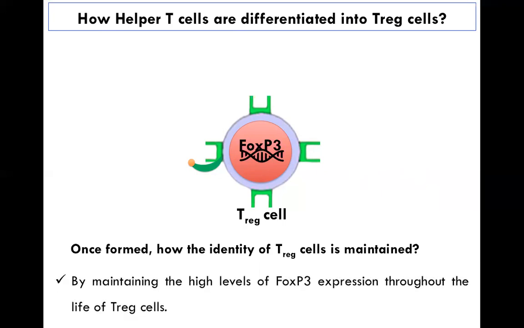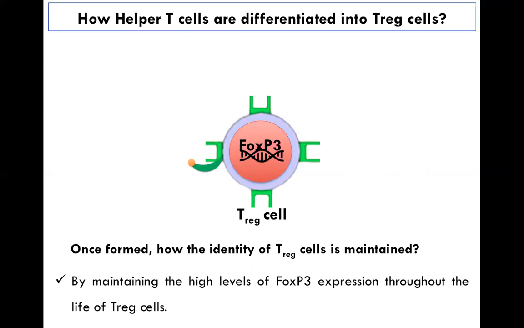Once they are differentiated from helper T cells into T regulatory cells, other questions come to our mind: how do they keep their identity, how do they maintain themselves as T regulatory cells, and not behave like their parental helper T cells?